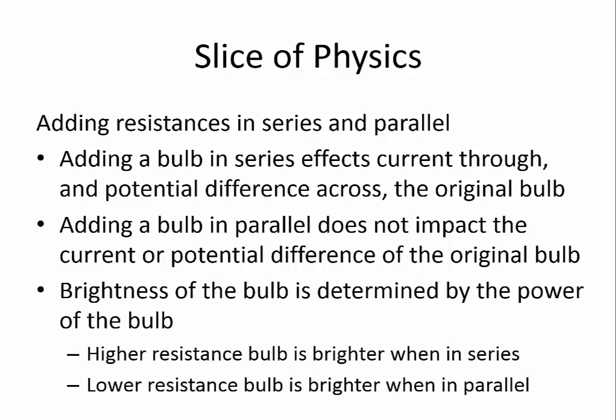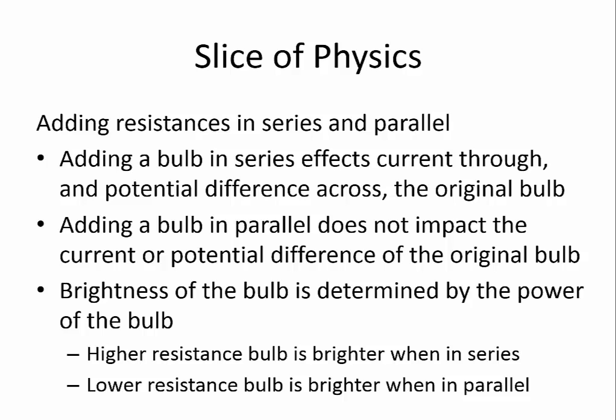Well, whenever you're discussing the brightness of a bulb, you are looking at the measure of power. So whichever has the higher power will always be the brighter. But in order to tell how that's dependent on resistance, we've got to look more closely at whether the current is fixed across the resistances or the potential difference is fixed across the resistances.